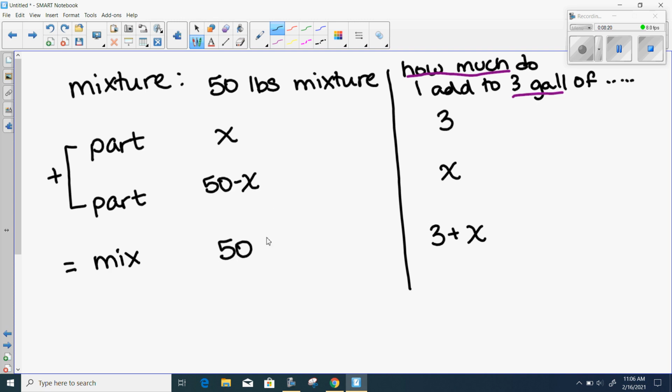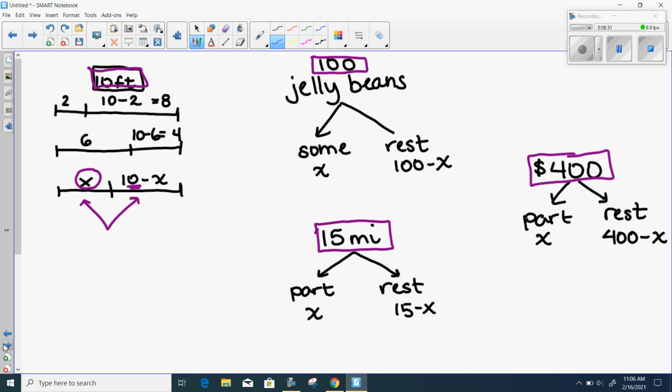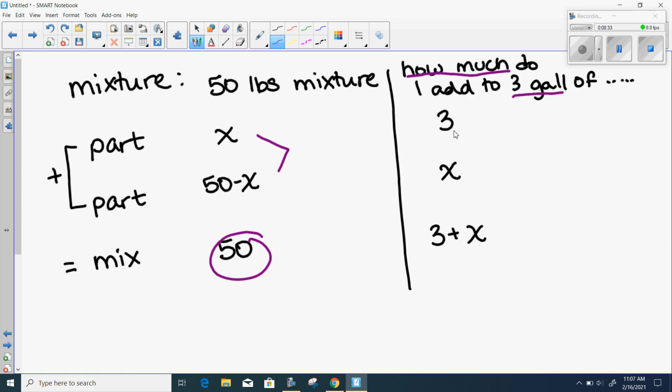Some mixture problems, we know the grand total. My goal is to make 50 pounds of trail mix. Then I split it into two pieces like we did on the page just before this. Some of my mixture problems, I know one amount and it says, how much do I add to that? Well then I no longer know the grand total, but I know it's the sum of the two parts.